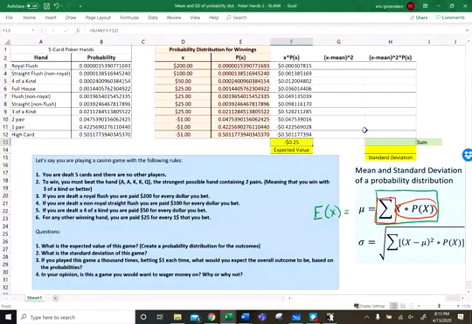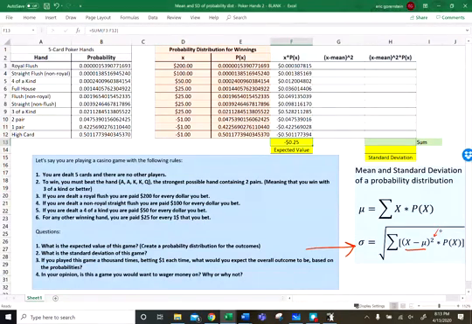Okay, so now standard deviation. So now we're down here. Standard deviation. So we need each x value minus the mean, and then we square that. So each x value minus the mean squared.